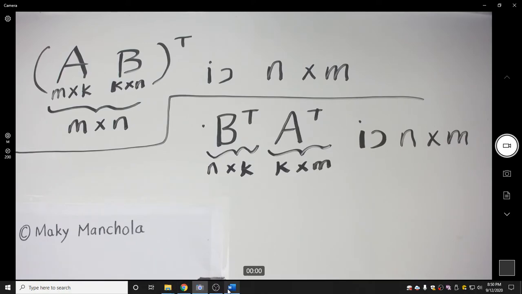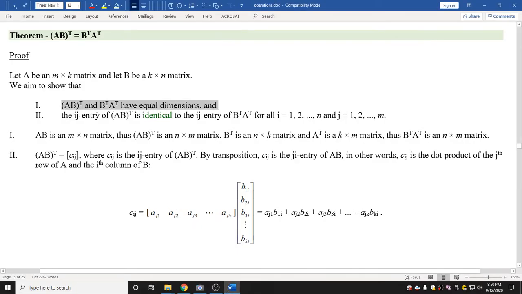Okay, so our second goal. We want to show that the ij entry of (AB) transpose equals the ij entry of B transpose A transpose. Let's find out what the ij entry of (AB) transpose is.